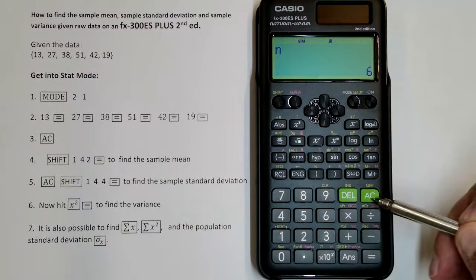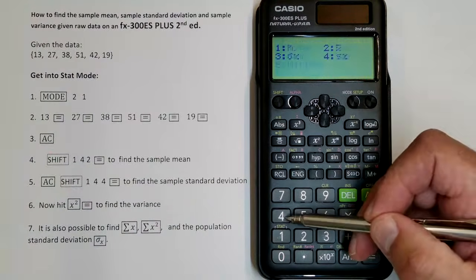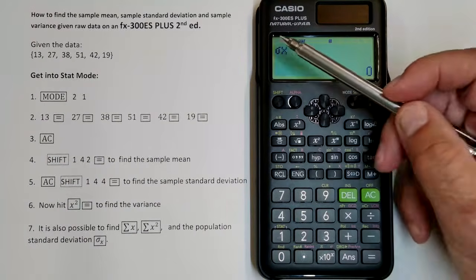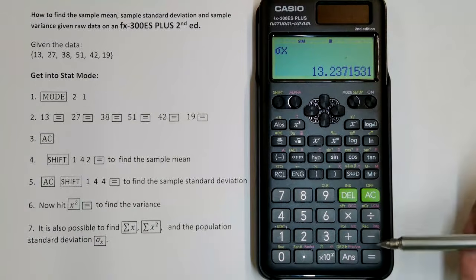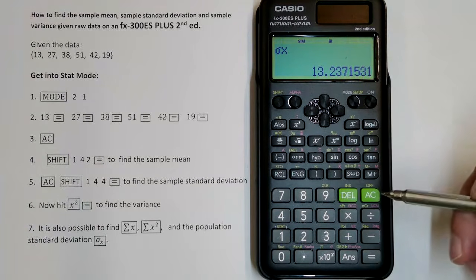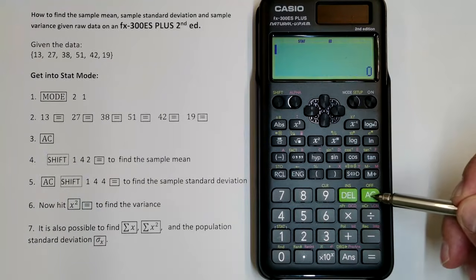Now if I hit shift 1 and 4 again, number 3 is sigma, and that's the population standard deviation. You will not be using that very often. You can find it, but don't worry too much. My guess is you're not going to use this at all. Go ahead and clear that.